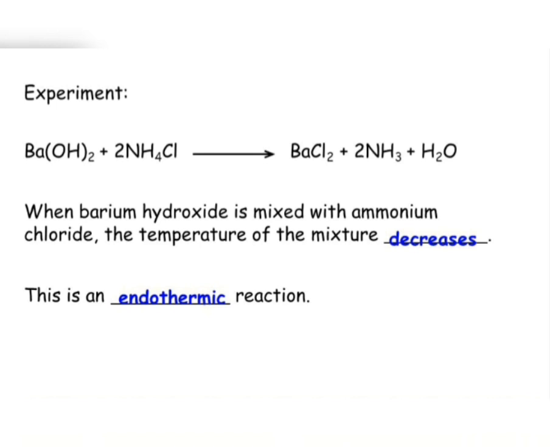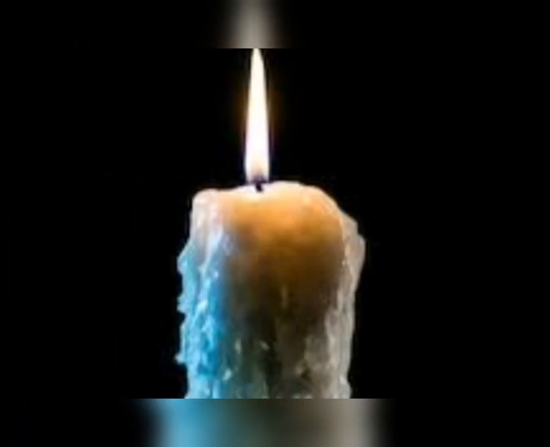Okay. Now the last characteristic was change in state. Now some chemical reactions are characterized by a change in state. For instance, when wax is burned in the form of a wax candle, what happens? Water and carbon dioxide are formed. Now see, wax is a solid, right? Water is formed, but water is a liquid. In fact, carbon dioxide is formed, that is a gas.